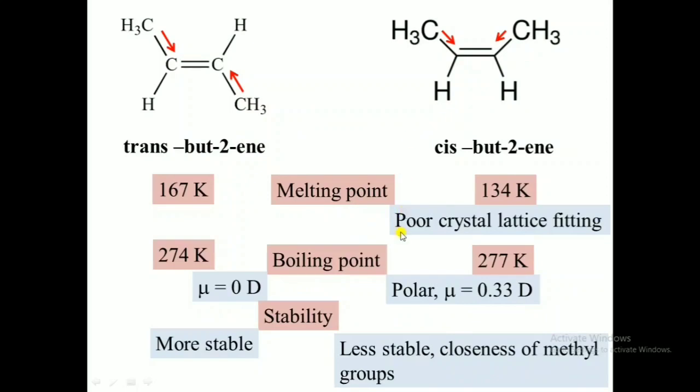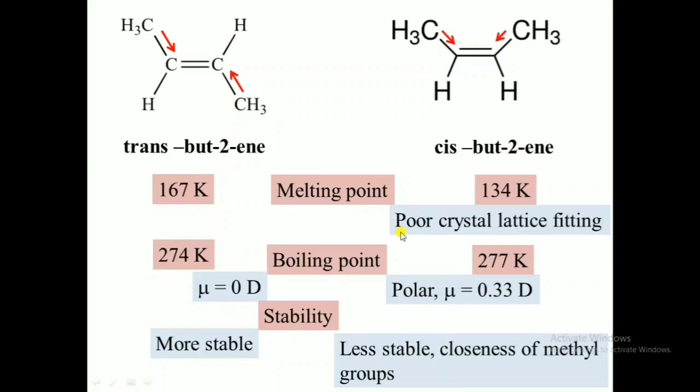So this is very interesting: the same molecular formula and same structural formula, but the difference in spatial arrangement of atoms around a carbon-carbon double bond makes the physical properties of the isomers different.